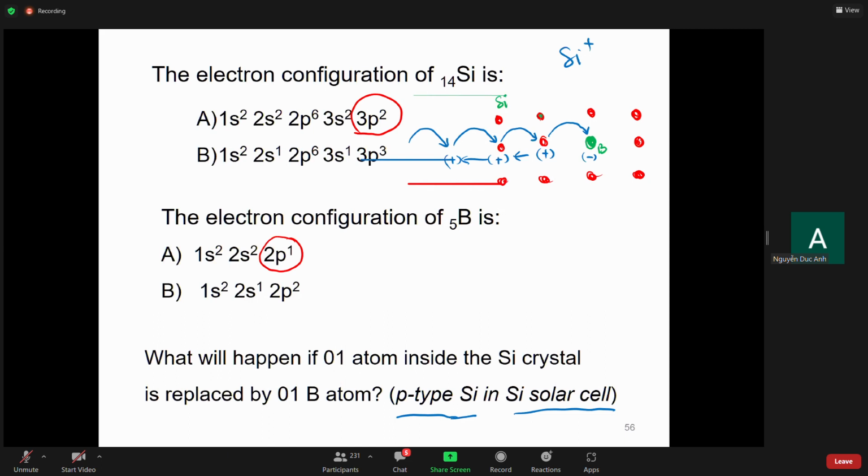Now you know that we actually have some other techniques for solar cells, but silicon solar cell is one of the most common. When you go to some provinces in the middle of Vietnam, you will see solar cell fields there, like in Bình Định province or Ninh Thuận province.